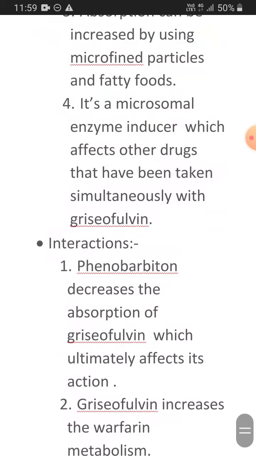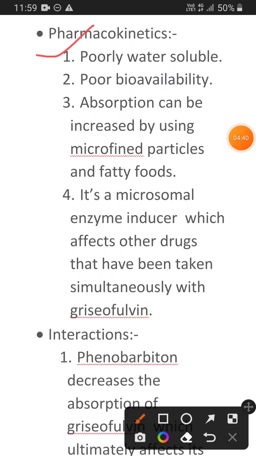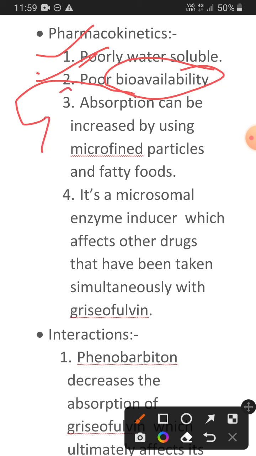Now let's come to the pharmacokinetics part. First of all, it is poorly water soluble and has poor bioavailability. Remember one thing, if the bioavailability is poor, we can increase the bioavailability by increasing the absorption.